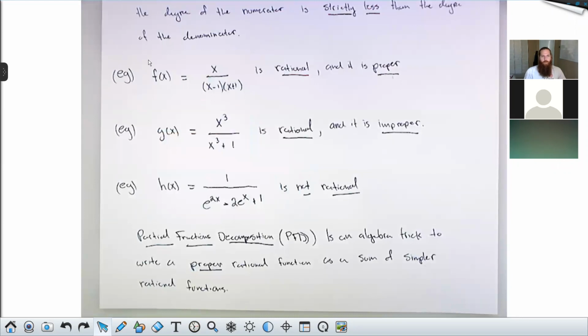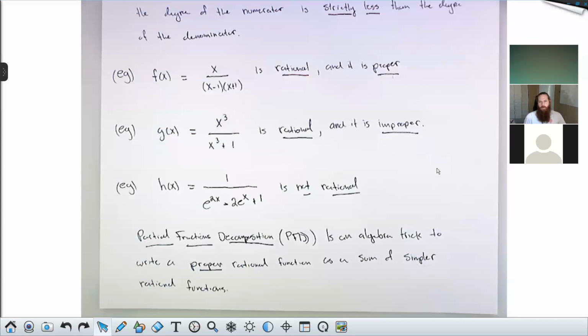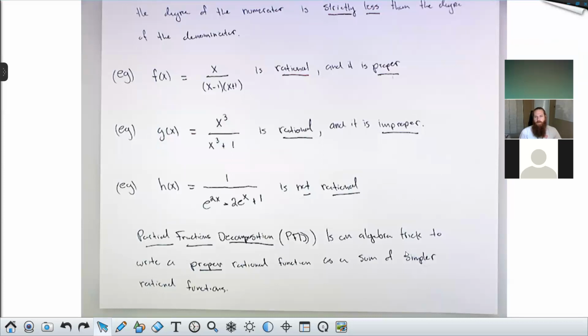Before we get into how to do PFD, and you've seen an example last time, but before we get into it formally today, I want to talk to you about how you would deal with something like this. Could you show me using the React tool, just give a thumbs up, if you've seen polynomial division in the past, how to long divide two polynomials.